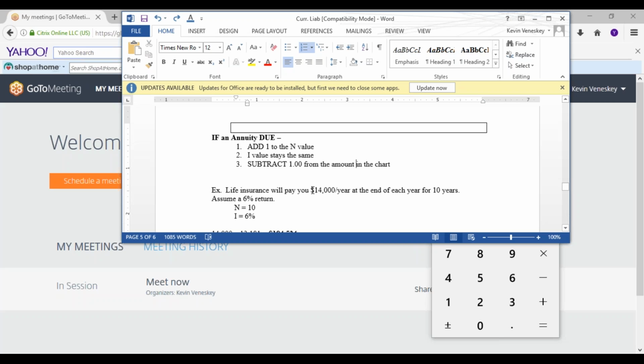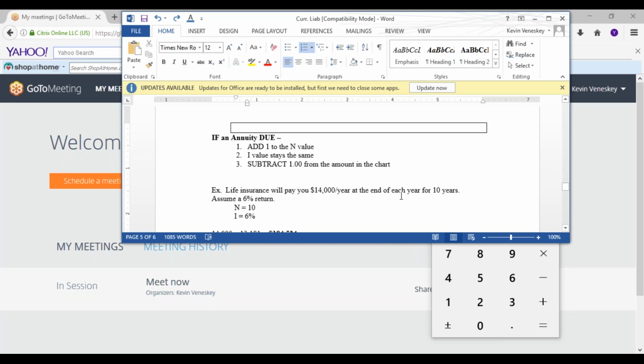If we have $14,000 coming in per year, so roughly that's about $1,000 a month, a little bit more, but $1,400 per year coming in for the next 10 years. And we're going to assume that I can get a 6% return on that. That's what the return rate has been given.